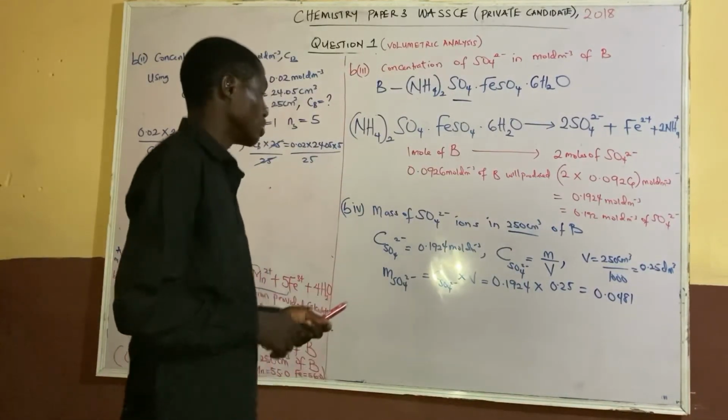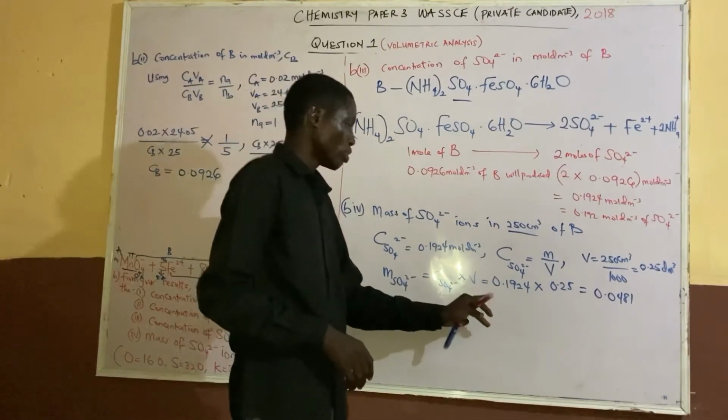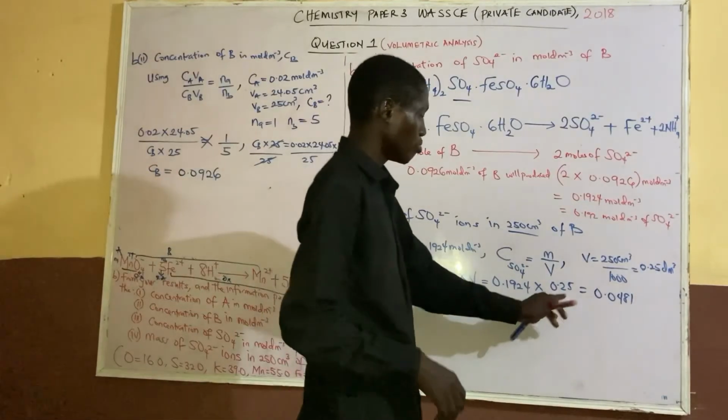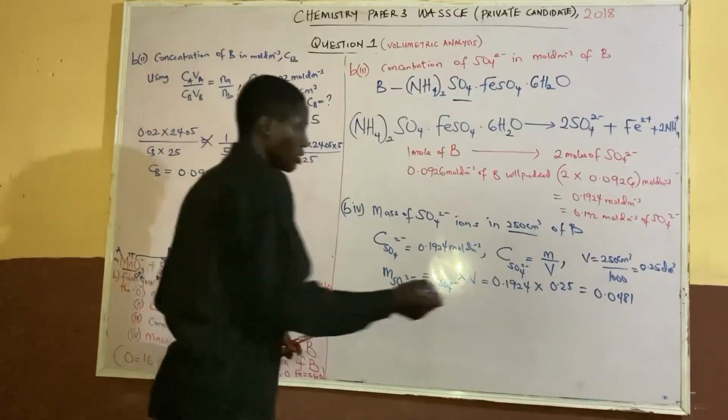So when we multiply concentration of SO4 2 minus times V, which is 0.1924 times 0.25, we are going to have 0.0481.